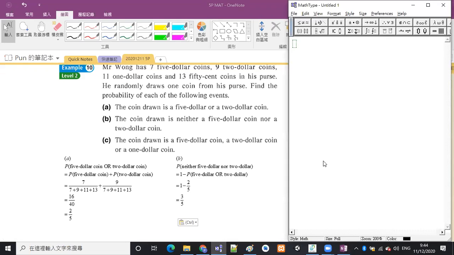Okay. Part C. Now I want to find is a $5 coin, $2 coin, or $1 coin.